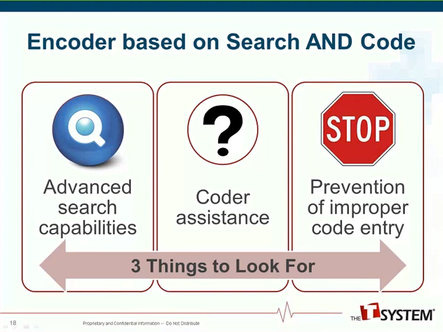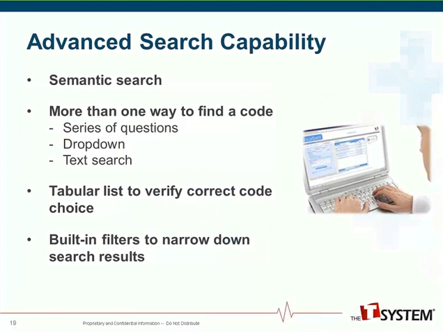Does it give you that assistance? And does it help prevent improper code entry? Does it apply to less experienced and more experienced coders? Granted, you can't make everybody happy all of the time, but you want to have one size fits most.